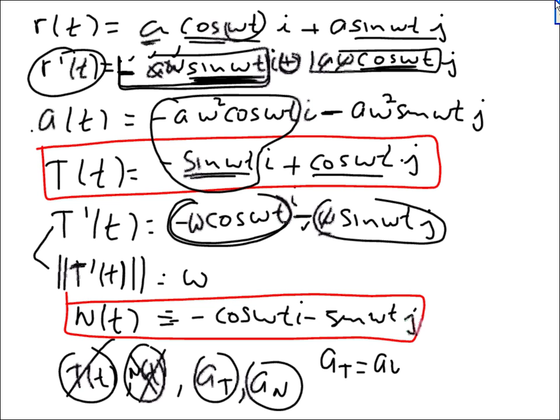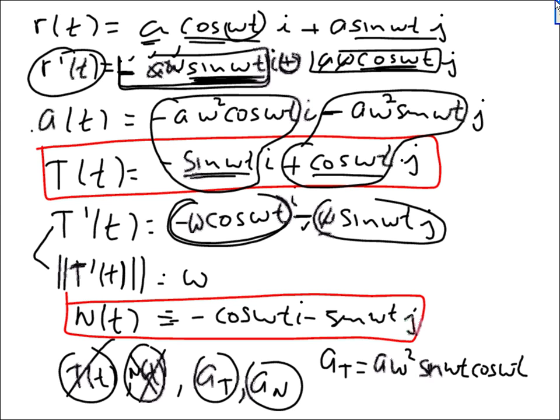So I get a omega squared times sine omega t times cosine omega t. Plus, now I dot those two, which actually makes a minus. So I get a omega squared sine omega t cosine omega t. That subtraction is 0. A sub T is 0.